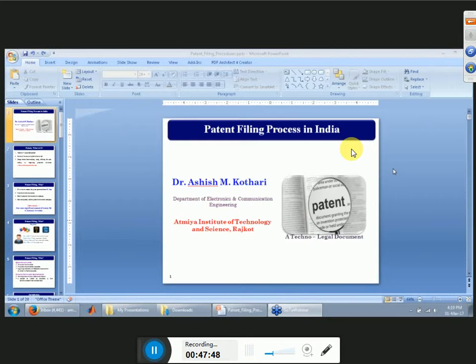For example, some industry has done something, but as I said earlier, if they don't know reading and writing, or don't know how to communicate with the Indian Patent Office, you can always give some assignee rights to communicate with the Indian Patent Office on your behalf. So that agency can give the complete procedure to me, and I can file on behalf of them. This way it can be done.